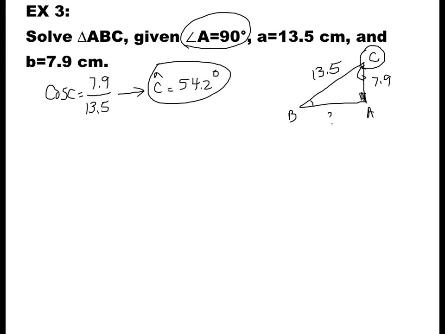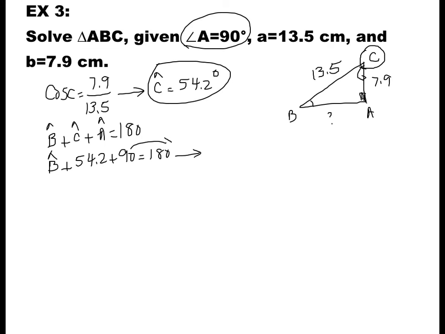Now that I know angle C, I can either use trig ratios to find angle B, or I can use the fact that the interior angles in a triangle add up to 180. So I can say angle B plus angle C plus angle A is 180, but I know angle C is 54.2, angle A is 90.